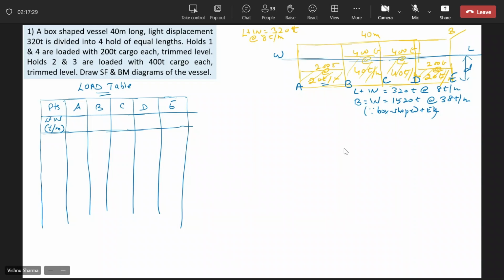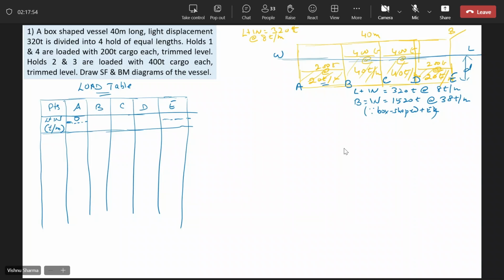But to the left of end A, is there any light displacement? No, sir. And to the right of E, is there any light displacement? No, sir. So we will divide the end points into two parts. To the left of A, light displacement is 0.